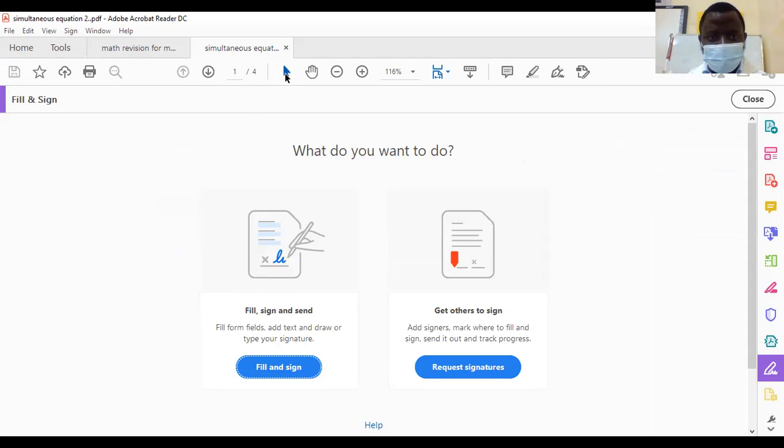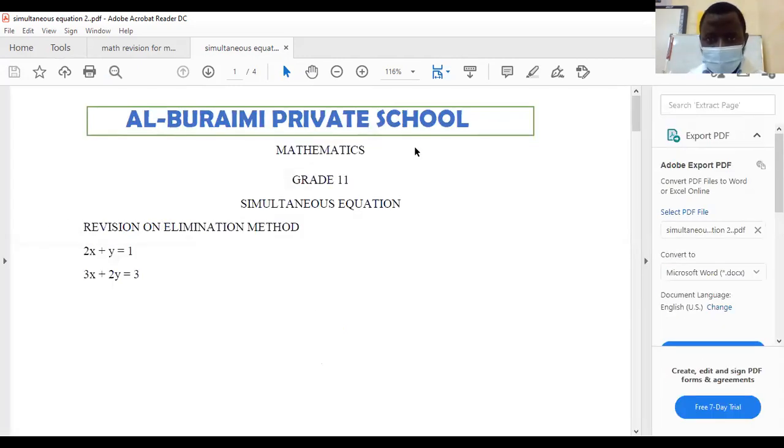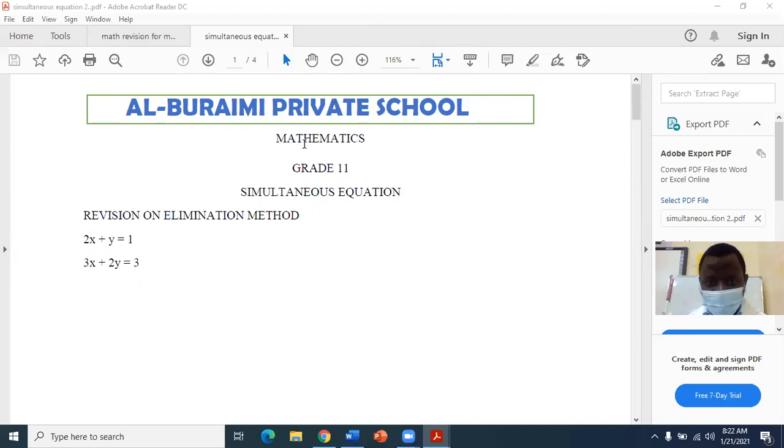Okay, so I close this. So I go to my whiteboard. 2x plus y is equals to, let me share my screen so that, no, yeah, my entire screen. So I can navigate. All right, so 2x plus y is equals to 1. Okay, I can notice.